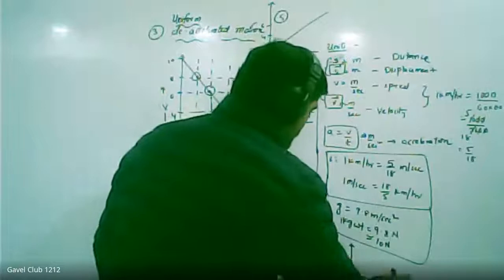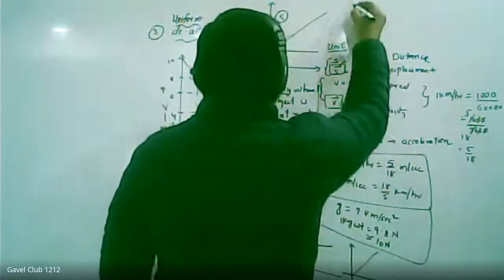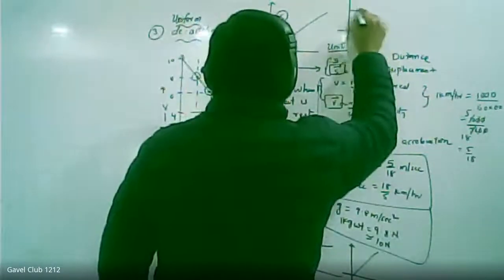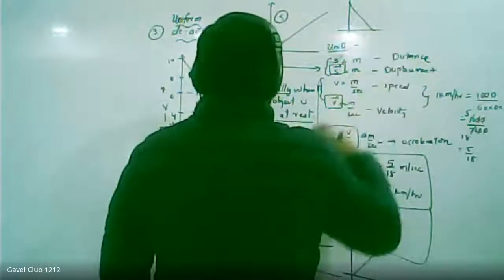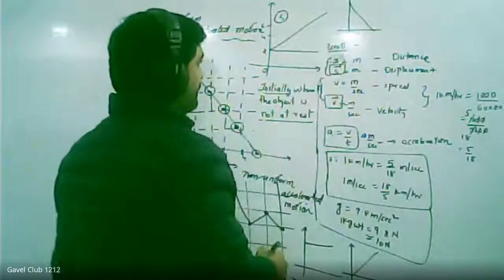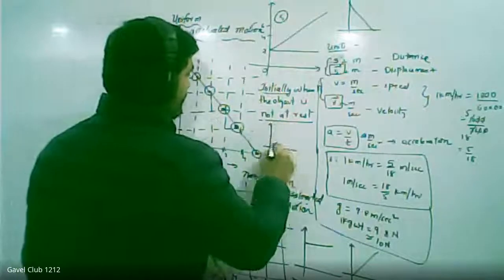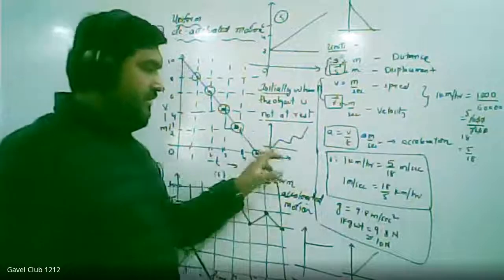This is the second graph, and the third and fourth are given here. Sorry, this is decelerated motion, and the fifth one is this. The fifth graph is not a straight line, it's just moving in a different direction. So this is graph 5.